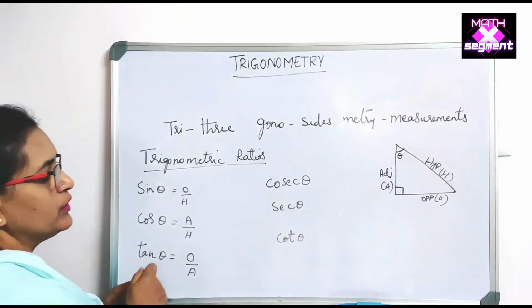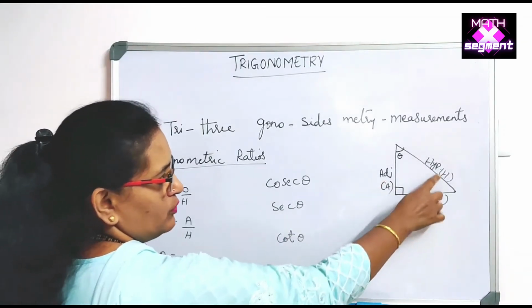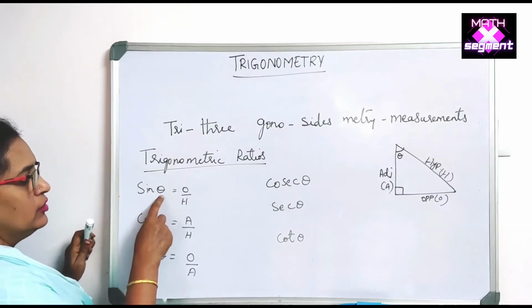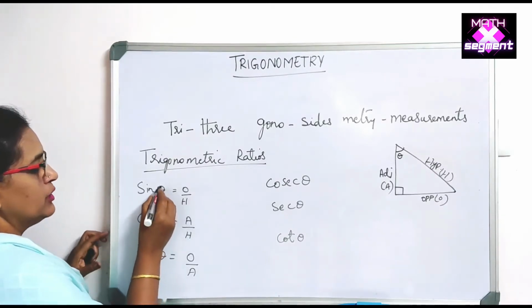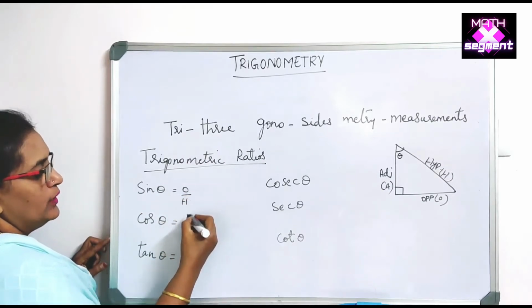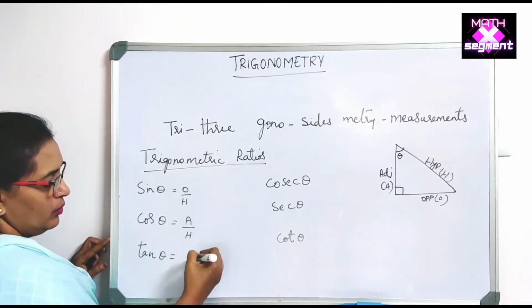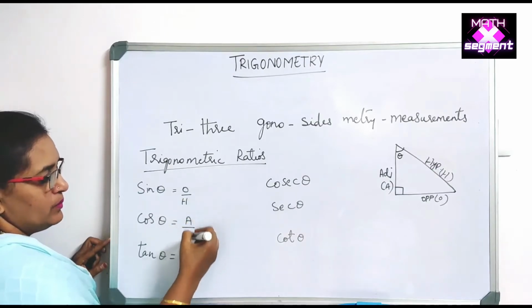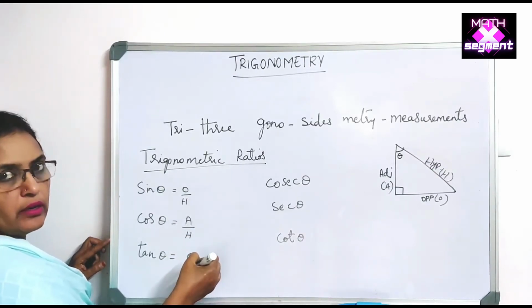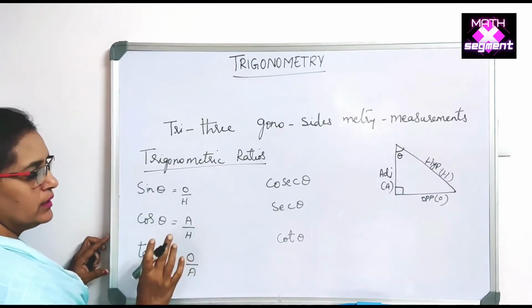You can remember it by writing theta in the shape of O: starting with O, then alternate, O, A, O and H, H, A. This is the shortcut you can remember.